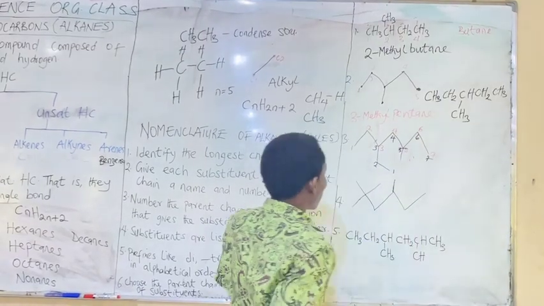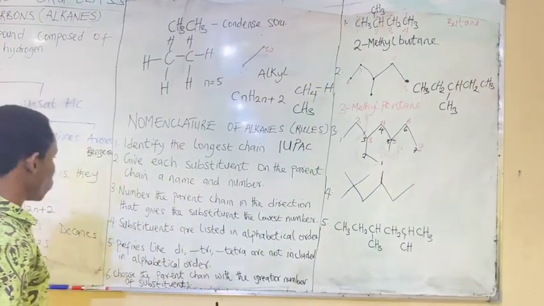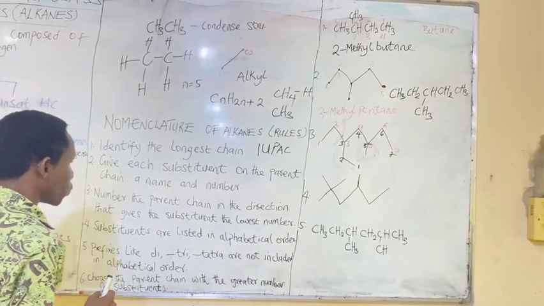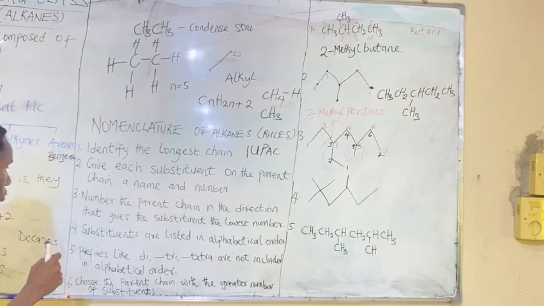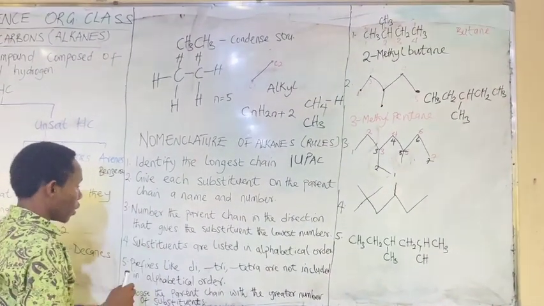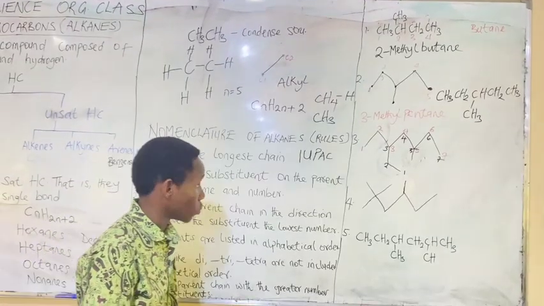We are going to consider rule 2. Give each substituent on the parent chain a name and a number. Okay, not that one. We'll consider rule 3. Number the parent chain in the direction that gives the substituent the lowest number.